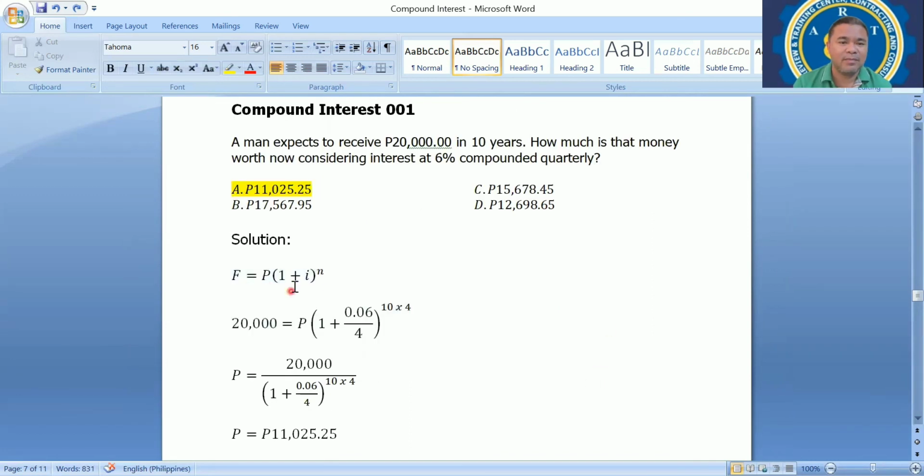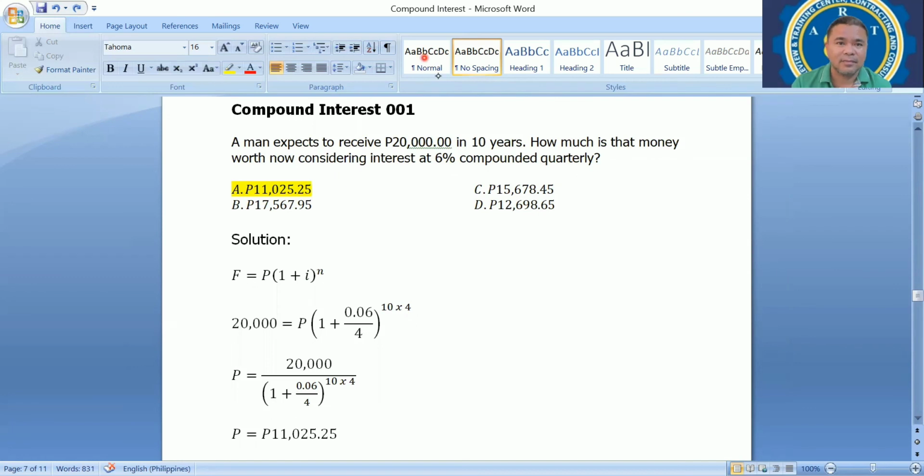is P times 1 plus I to the N, for the compound interest. So he wants to receive 20,000 in 10 years. So be careful.